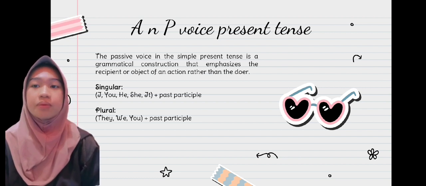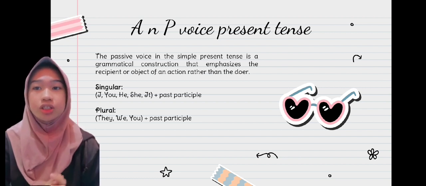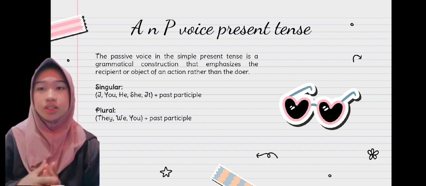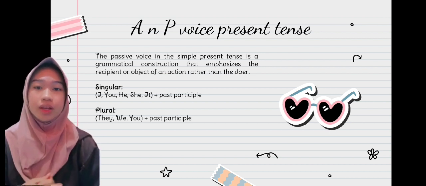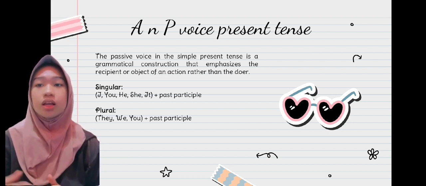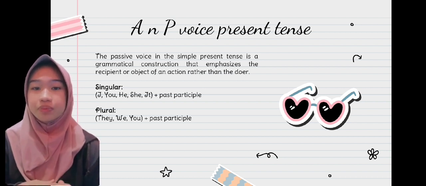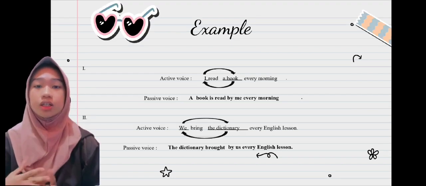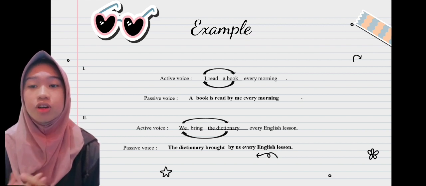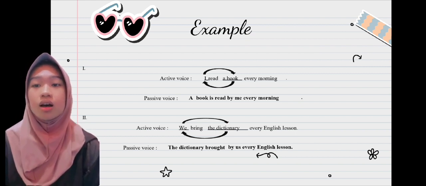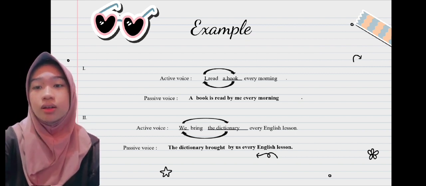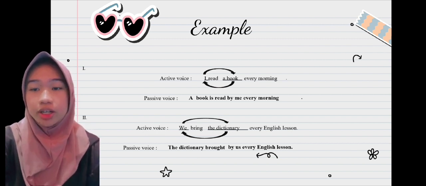For the singular, I, you, she, he, it plus past participle, and for the plural, they, we, you plus past participle. For example, in the active voice, I made a sentence: I read a book every morning.